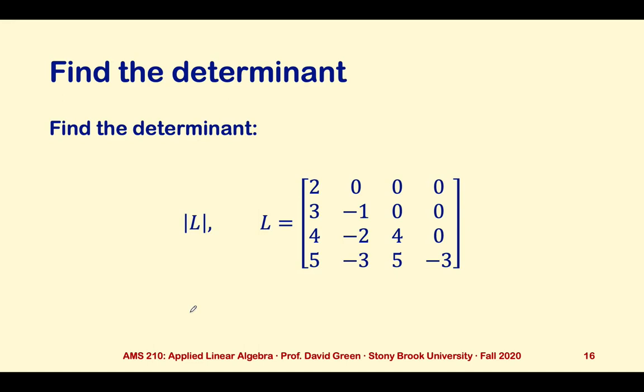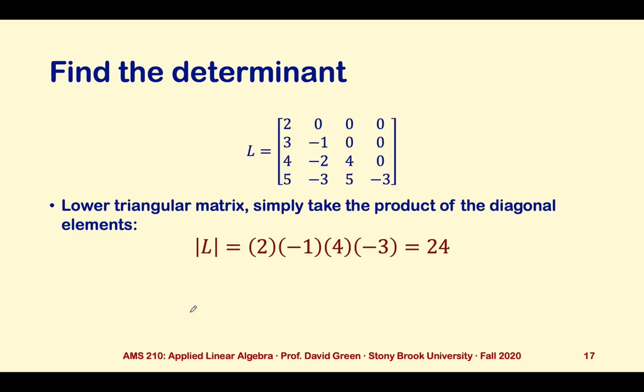I recommend that you pause your video, try to solve the problem on your own, and then resume to look at the worked solution. The key thing to recognize about this matrix is that it is a lower triangular matrix.